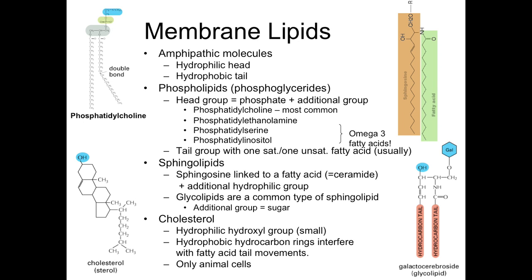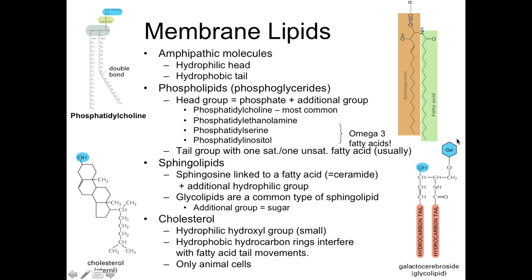And then attached to this other fatty acid, this R group is going to be a sugar. Okay, now here, this is galactocerebroside. So there you have the galactose. Okay, so this could be any of many different oligosaccharides or even simple sugars like this galactose.